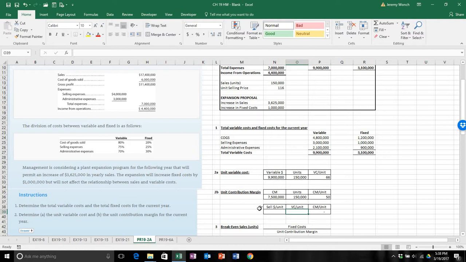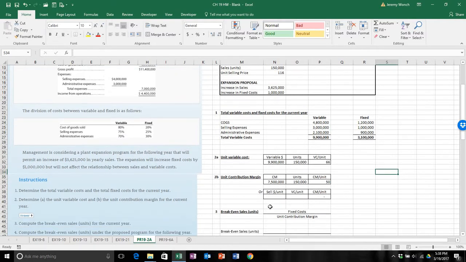So the contribution margin per unit is $50. This makes sense. If we take our variable cost plus our contribution margin, that gives us $116, which is the same as our selling price. Cool, we are in good shape.